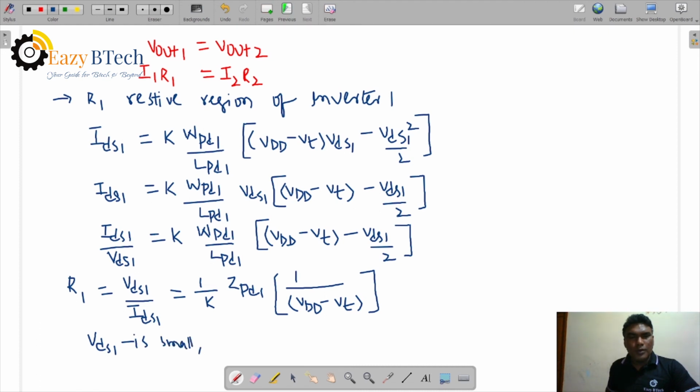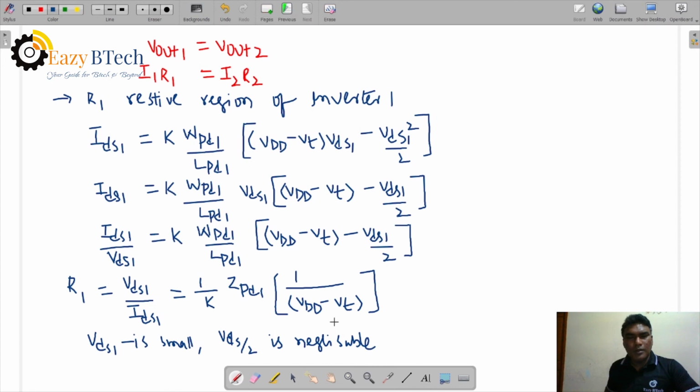VDS by 2 is negligible in this. So it is a resistive region, so the current through this is very less, so the voltage is also less. The drain to source voltage is less, and VDS by 2 is negligible.